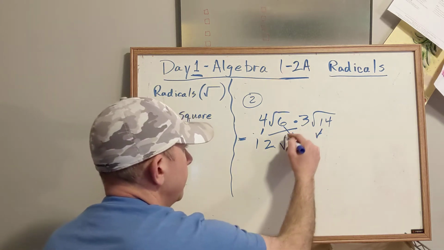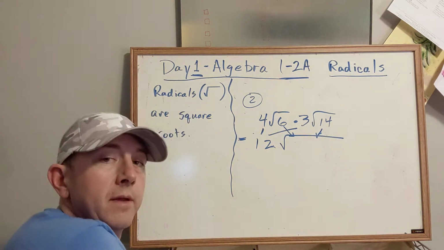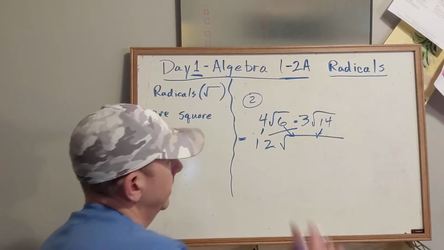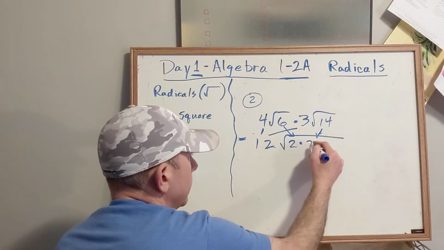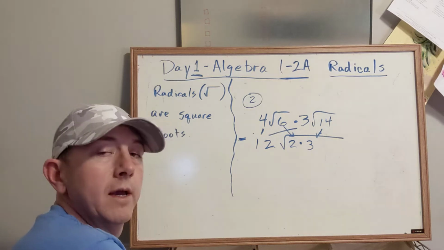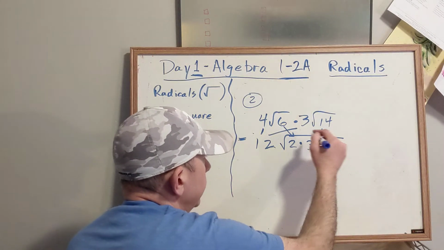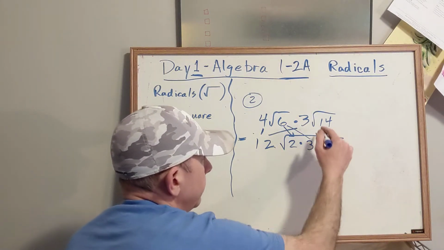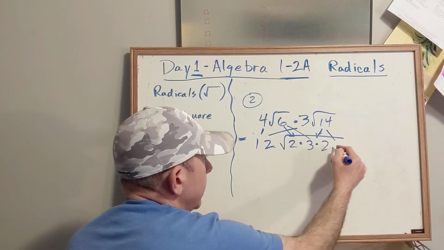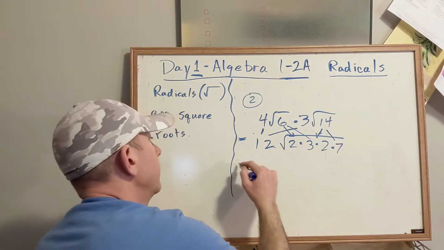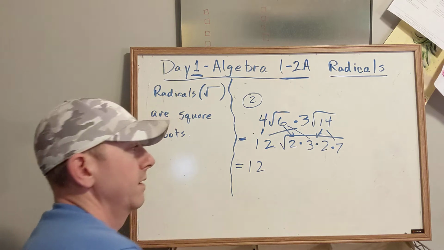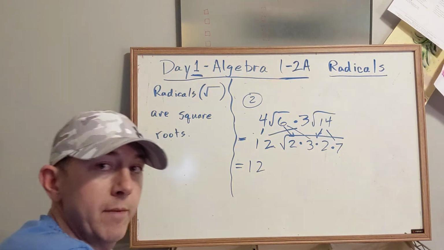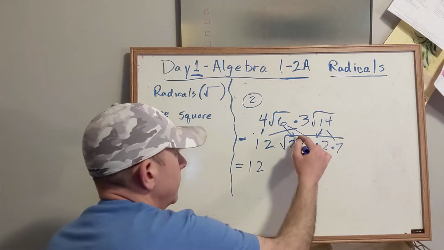But what I'm going to do is combine that all under one radical. Now for 6, I can break that down into a 2 times a 3, and 14 can become 2 times a 7. So I have all of that under the radical. Remember, again, we're looking for matches with the radicals because that creates a perfect square.